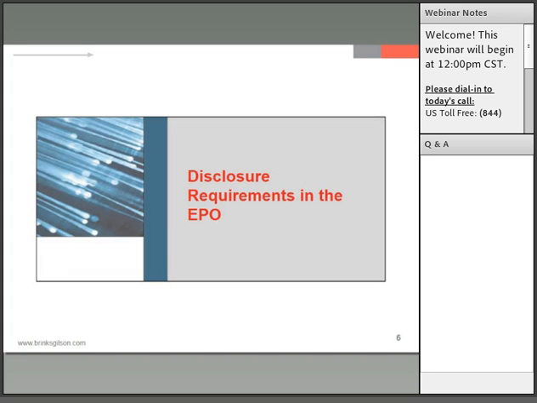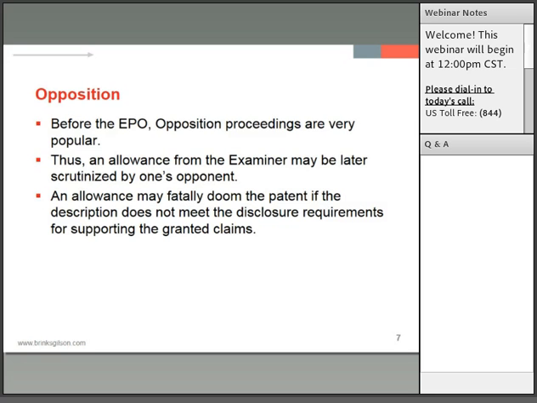So now we look at Europe first. We know that in Europe, opposition proceedings are very popular. You think that you get your patent grant, and you get a great set of claims allowed, but the competition doesn't sleep.